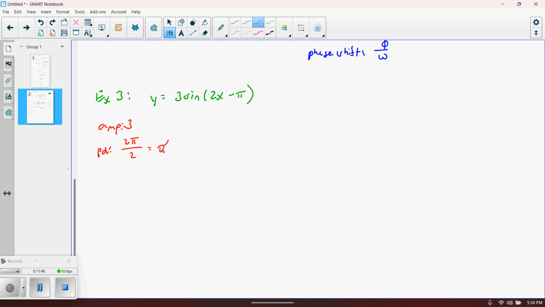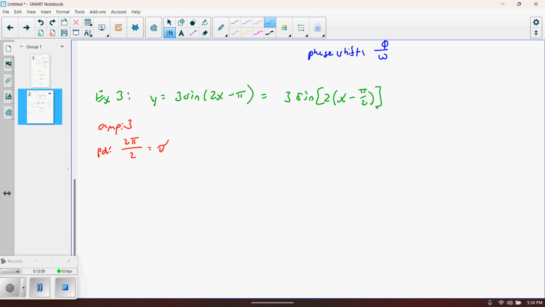Now the phase shift, in order to do this correctly, we should probably rewrite this as 3 sine of, factor out the 2, which would then leave x minus, factoring out the 2 from the pi, leaves you with pi halves. And all of that in that bracket there is still part of the angle of sine.